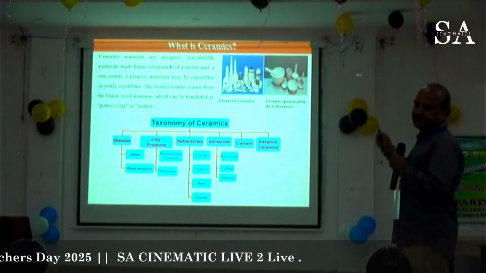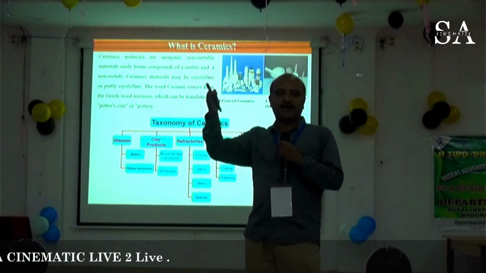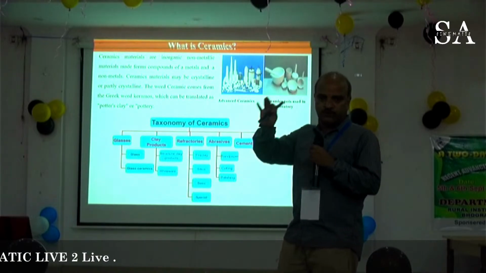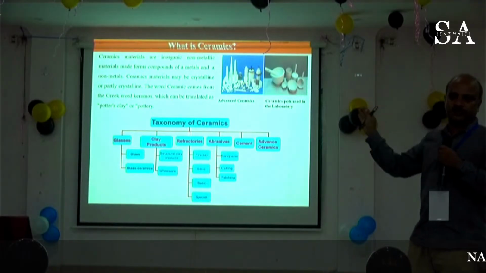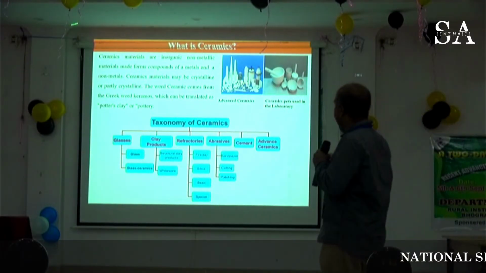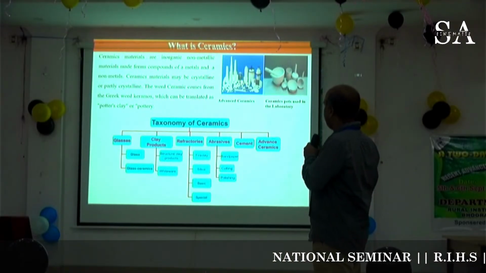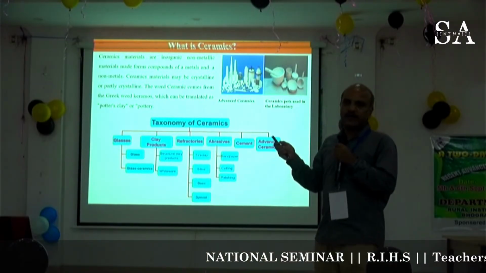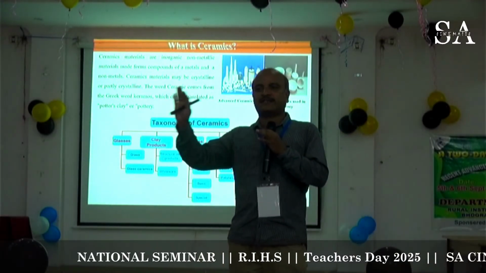So what is ceramics? You have to know what is ceramics. Just for students, I show you a few slides. These are fundamental things, you don't have to read. Ceramic materials are inorganic, non-metallic materials made from compounds of metals and non-metals. Have you heard about metals and non-metals? This is from class 8 standard.